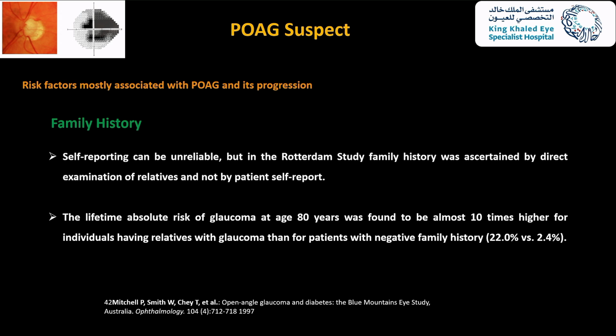The lifetime absolute risk of glaucoma at the age of 80 years was found to be almost 10 times higher for individuals having a relative with glaucoma than for patients with a negative family history. This is usually a multivariate analysis with age and family history.